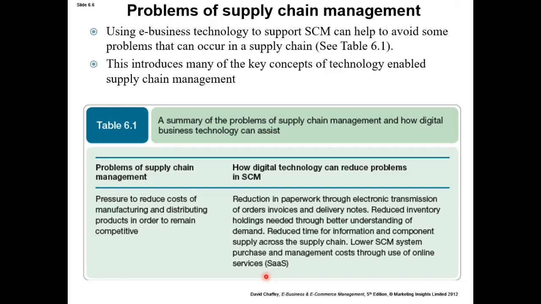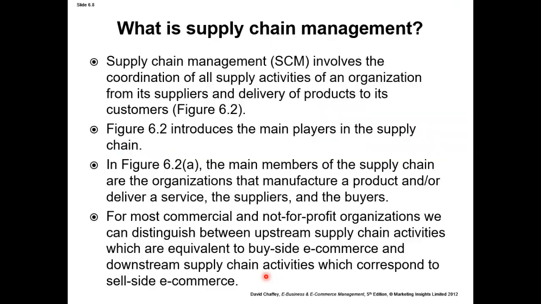So all these kinds of software help in streamlining the supply chain management process, and are usually used by organizations in order to smoothen or streamline their supply chain management process.